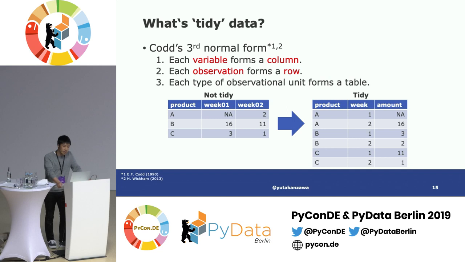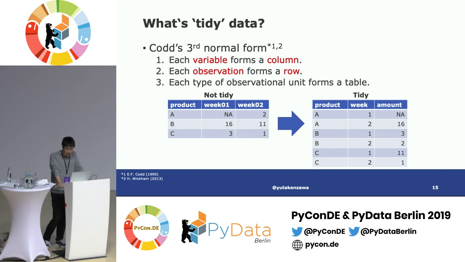So, what's tidy data? Here's a brief description, but don't worry if you don't understand. Me neither. Tidy data is data where each variable forms a column and each observation forms a row. The definition of variable and observation depends on your data and your goal.